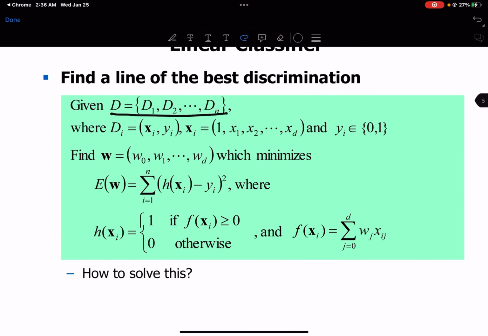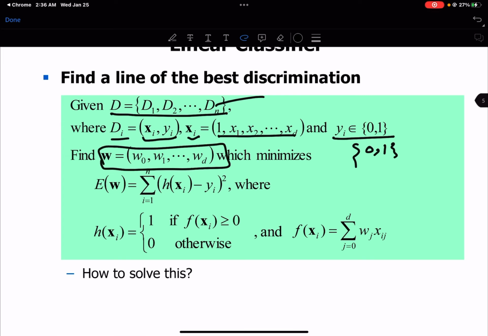For given data with n data samples, we have pairs di, which is xi, yi, and the xi variable can take values from 1 up to d. And your yi can only take the value 0 or 1. So we have to find w, the regression coefficient, which minimizes the squared error.